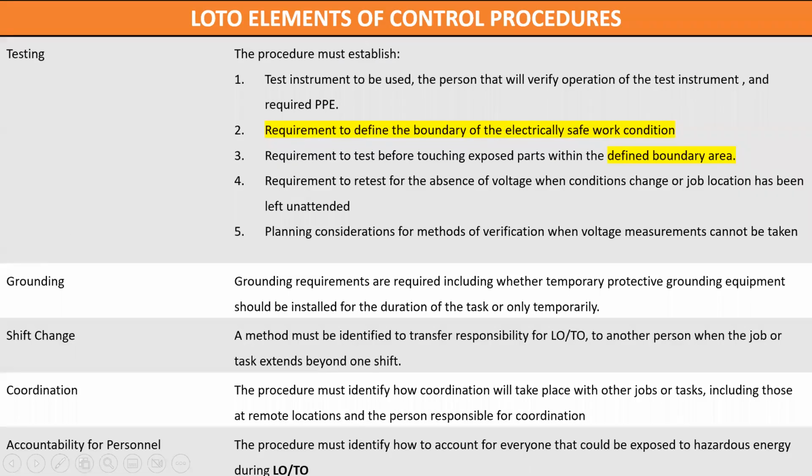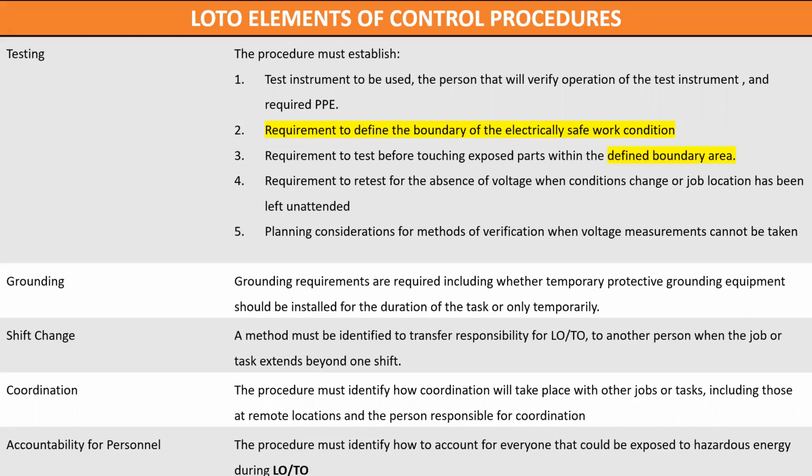Then about the testing, it says that the test instrument to be used, the person that will verify the operation of the test instrument and the required PPE, and the requirement to define the boundary of the electrically safe work condition. So in a substation where there is more than one transformer, for example, I'm establishing an electrically safe work condition for transformer A, and transformer B will remain energized.